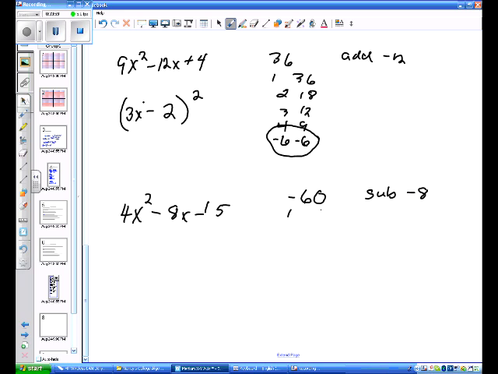Well, our factors of 60: 1 and 60, 2 and 30, 3 and 20, 4 and 15. Those subtract to be 11. 5 and 12, those subtract to be 7. 6 and 10, those subtract to be 4. 7 won't. 8 won't. 9 is not a factor.